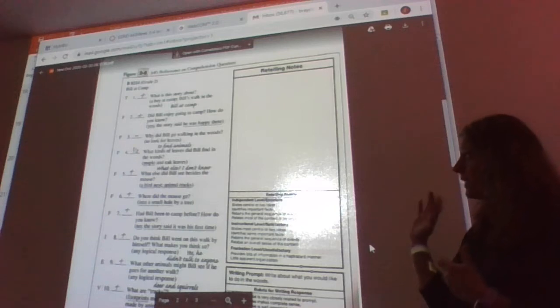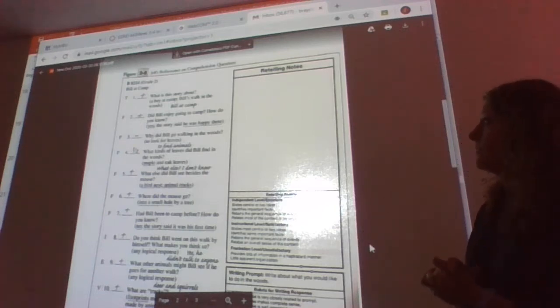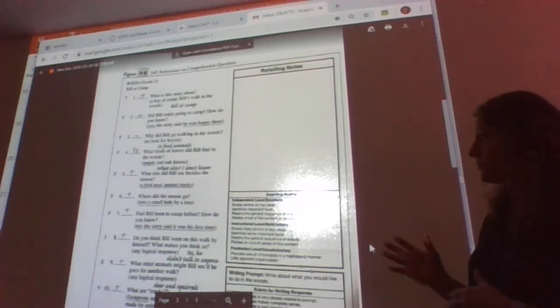Now, for this, you can see that the examiner put a plus if the comprehension question was right, a minus if it was incorrect. And you can give half, and here's why. What kind of leaves did Bill find in the woods? The reader said maple. And then the examiner wrote, what else? And the reader said, I don't know. So you write down anything they say that differs from the text.